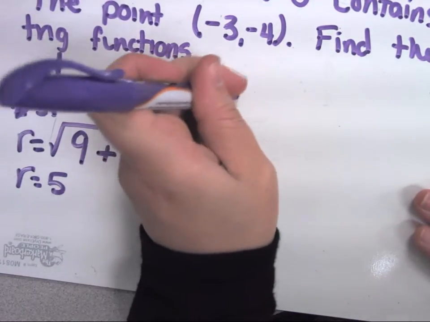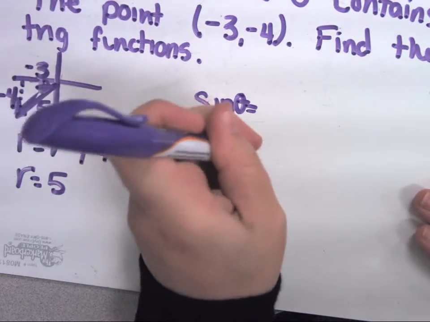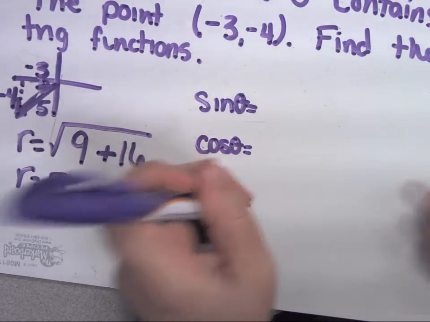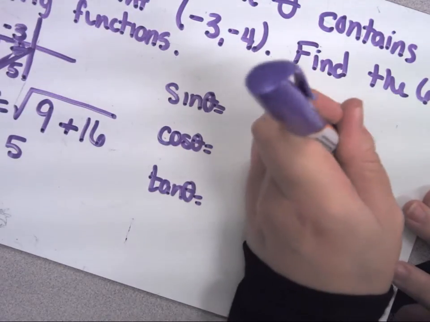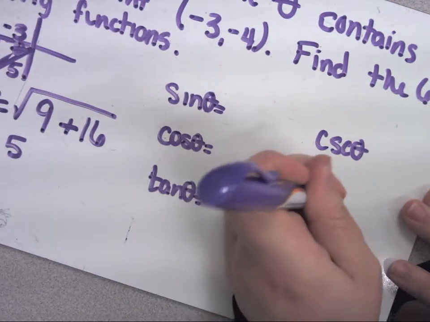Okay. Which ones do you always make first? Our 3 main, and then you just have to make their opposites.